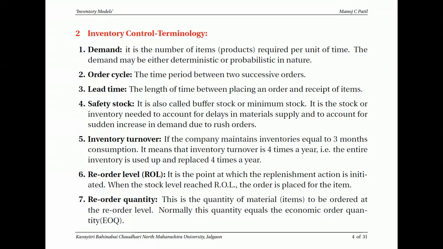For 2 days, the expected required quantity is 4 multiplied by 2, 8 kilograms. So whenever the inventory reaches a stock of 8 kilograms of ice cream, he must reorder. He must send an order to the supplier. That level is called the reorder level. And reorder quantity: normally this quantity is equal to the economic order quantity.